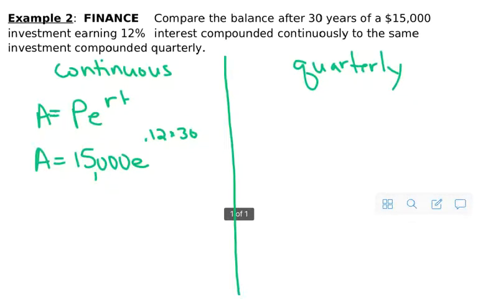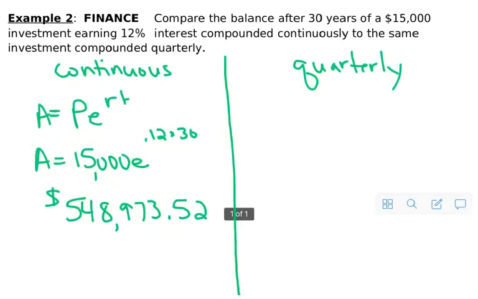Remember, if you have the old operating system, when you hit second ln, this pops up, so you need to put in 0.12 times 30, then close the parentheses when you plug this into your calculator. And the calculator spits out $548,973.52.